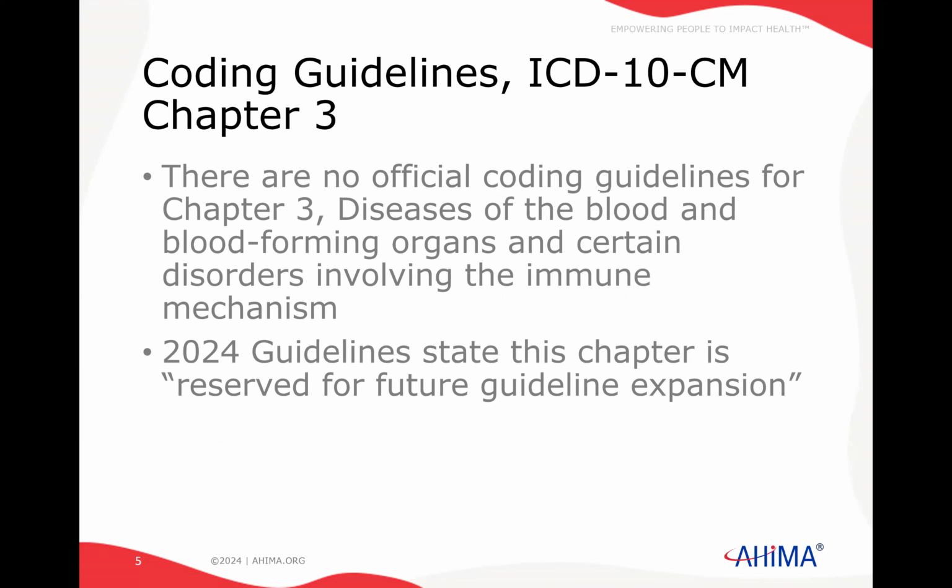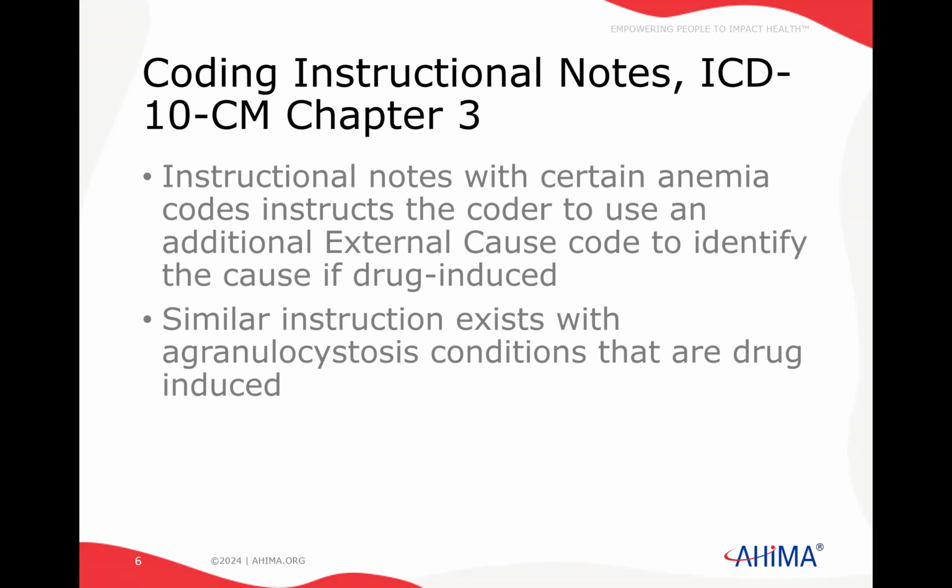This chapter does not have any official guidelines. There are some notes in the tabular, however, and it's important to pay close attention to them. There are a number of notes in the tabular that will tell the coder to use an additional external cause code to identify the cause if it's drug induced.